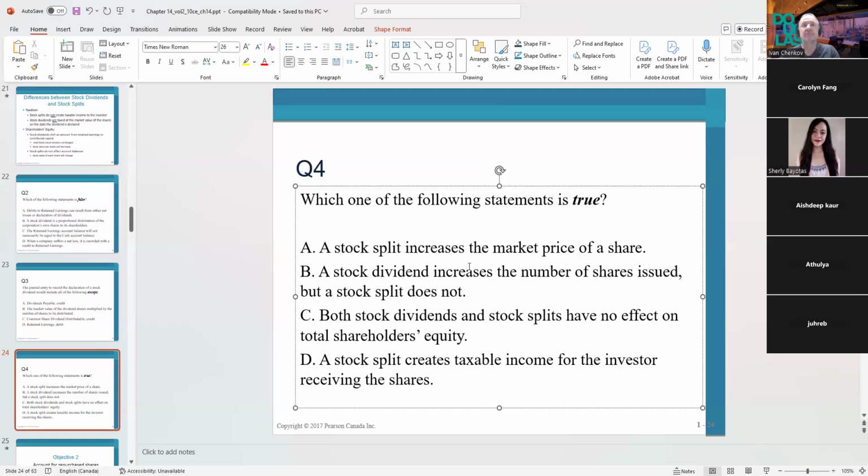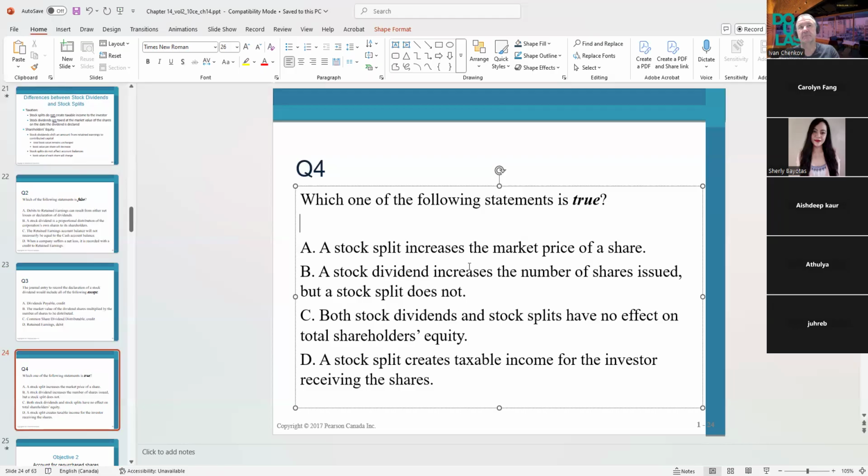down or decrease. Stock dividend increases the number of shares issued, but stock split does not. Is that true? False. In both cases, we're increasing the number of shares. Let's see D. Stock split creates taxable income for the investor receiving the shares. Is that true?